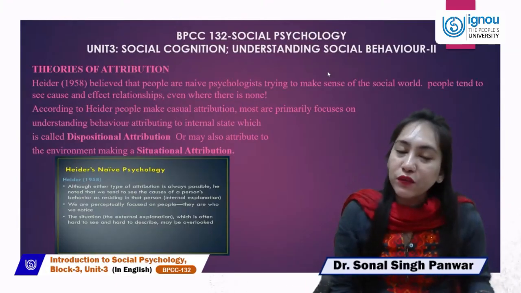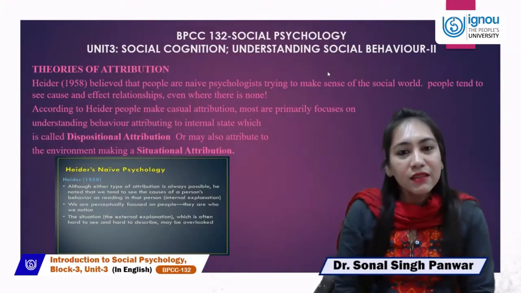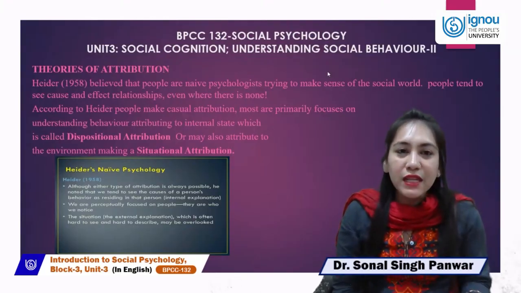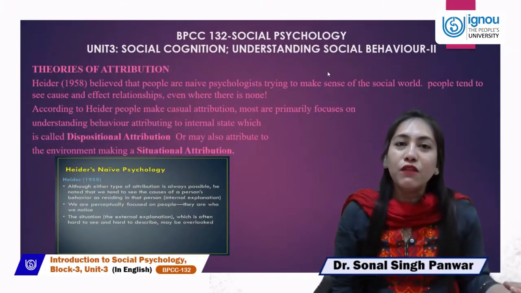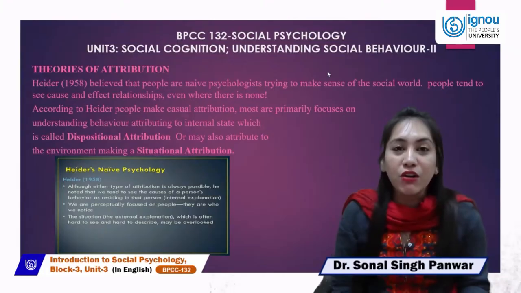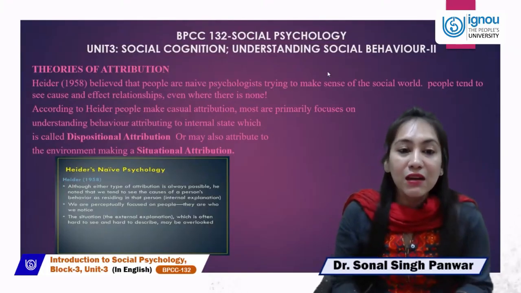Heider was one of the first psychologists who gave us a theory of attribution. He stated that there can be two kinds of attributions, primarily when people are finding out causes behind people's behavior, or behind an event being good, a failure, or neutral.